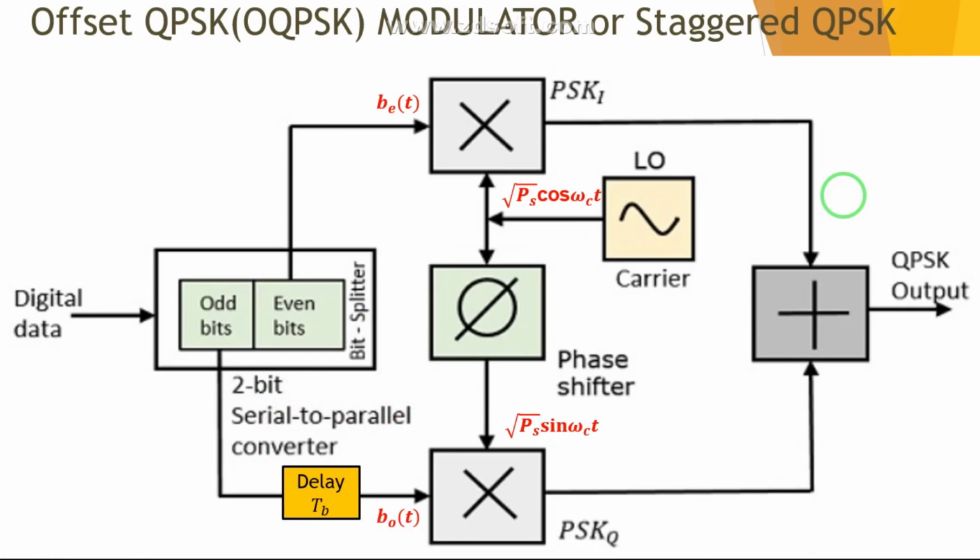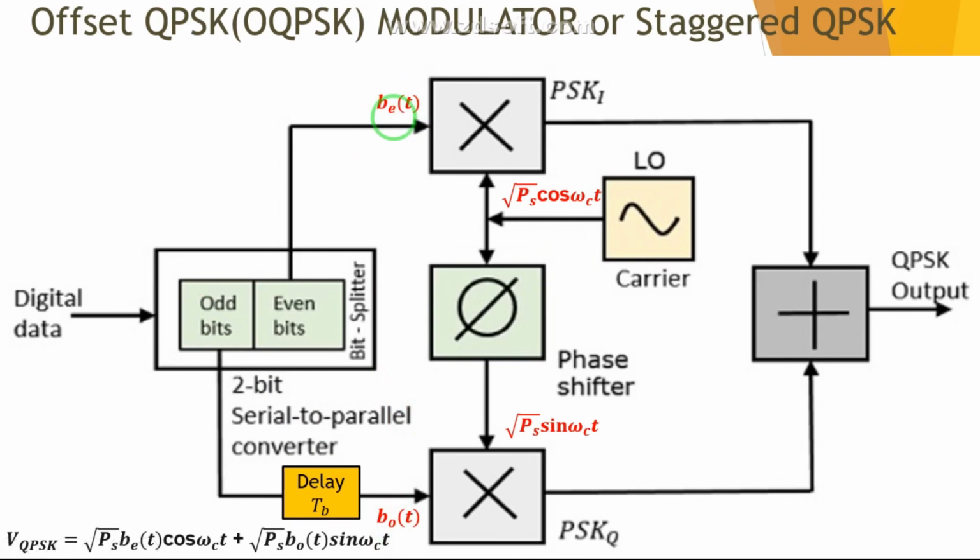So this serial to parallel converter is nothing but a demultiplexer. Now it is going to divide your b(t) into two separate bit streams, named b_o(t) and b_e(t). O represents the odd bit stream, and E represents the even bit stream.